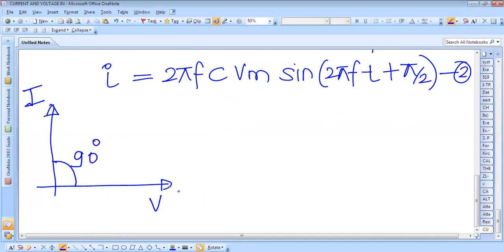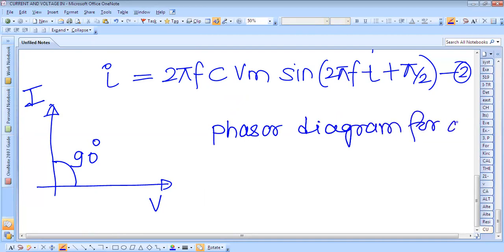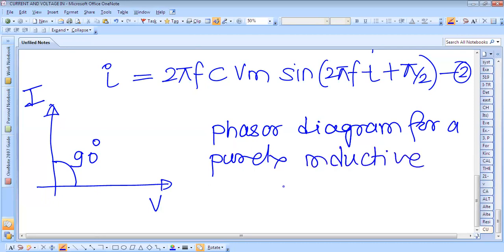This is the phasor diagram for a purely capacitive circuit, in which the current is leading the applied voltage by 90 degrees.